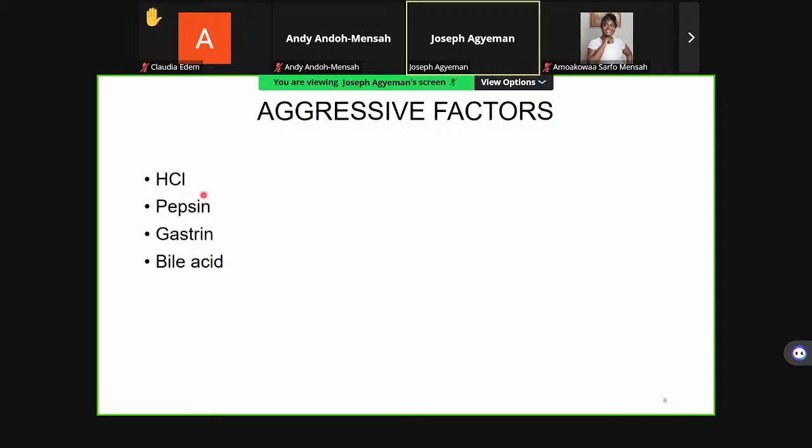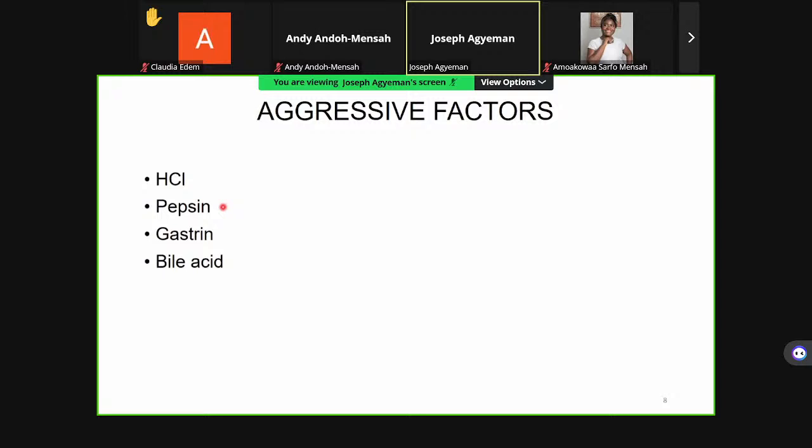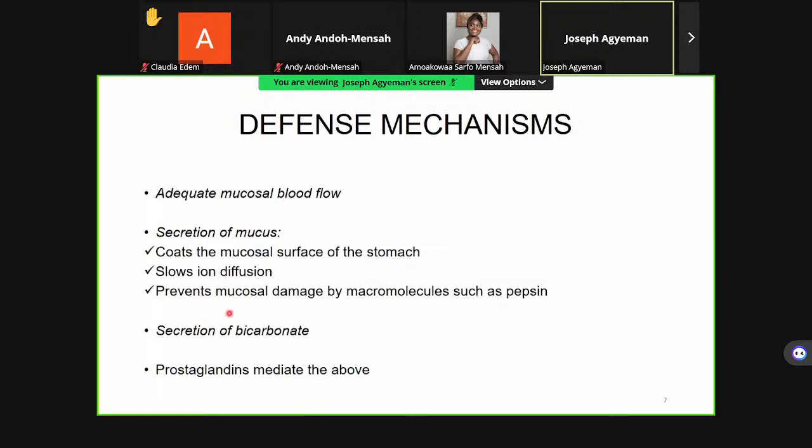Then the defensive mechanisms will be defeated. Then we get ulcer. So we will look at etiologies and risk factors and what have you. These are external factors. But internally, we have aggressive factors, as you can see, and you know their role, what they do to contribute to ulcer. Then the protective ones, what they also do to prevent us from getting ulcer.